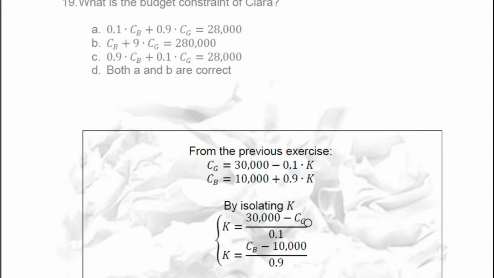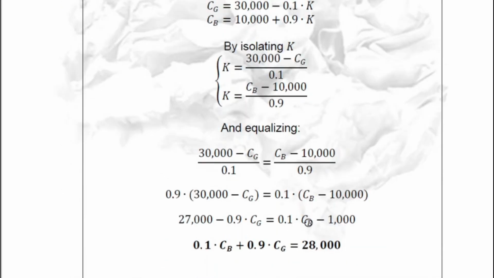So we equalize them, and we have 30,000 minus CG divided by 0.1 equal to CB minus 10,000 divided by 0.9. Perfect. Then operating, we have 27,000 minus 0.9 CG equal to 0.1 CB minus 1,000.